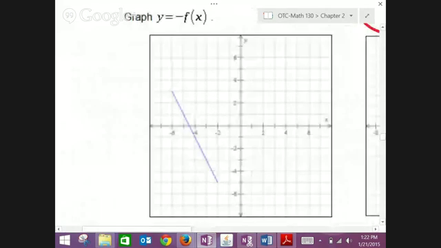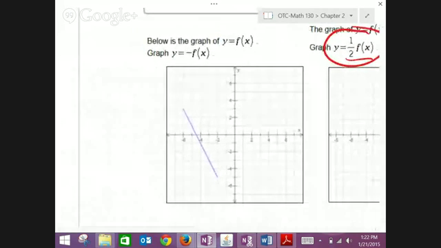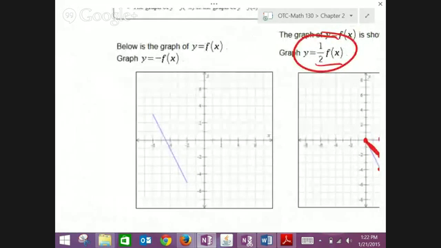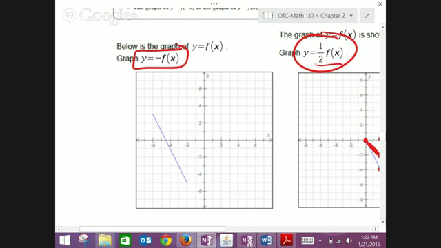So let's look at this example here. This is a good example because it's not typically like, oh, I can just flip it about the x-axis or flip it about the y-axis. I have y equals minus f of x. So that tells me it's a reflection about the x-axis, right? What this means, if I have minus 6, 3, this point is minus 6, comma 3, the new point is going to be what?